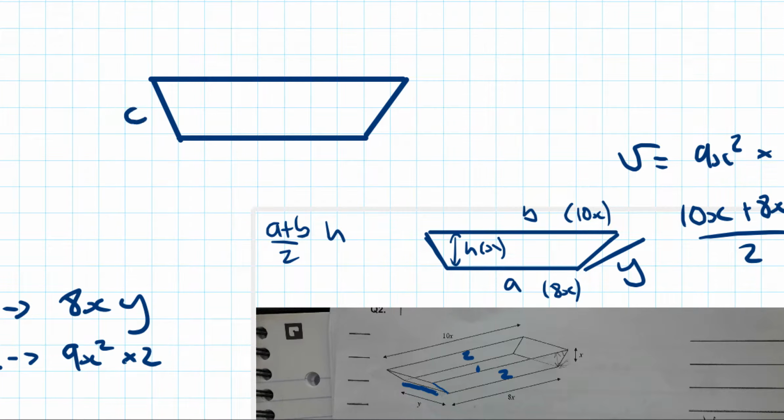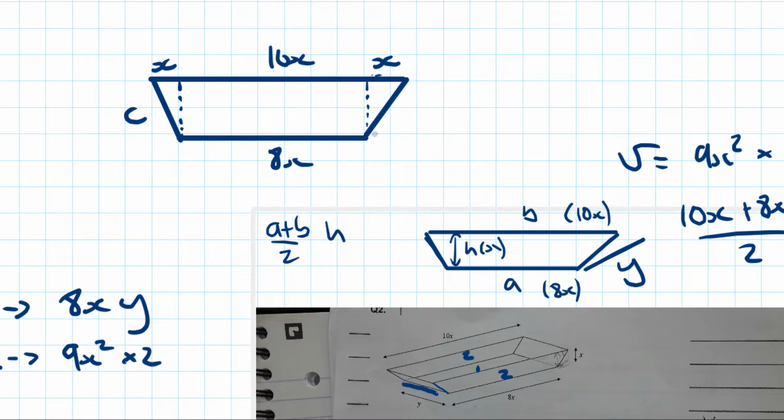So c is going to make up the rectangle that's at 45 degrees, but it also forms part of the side of the trapezia. We know already that the top part is 10x, we know the bottom part is 8x, and because this is going to be equal on either side, we can split this into triangles. The difference between the top and the bottom is 2x, so it's going to be the same either side. We know that this part of the triangle must be x.